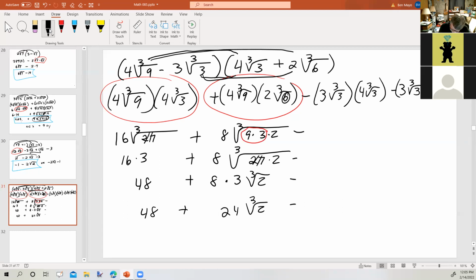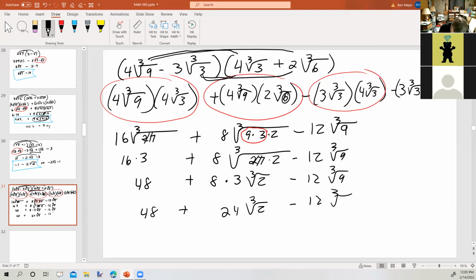Minus 12 cube roots of 3 times 3 is 9, or 3 squared, so that 9 isn't going anywhere, because we can't simplify that. Okay. Still with me?